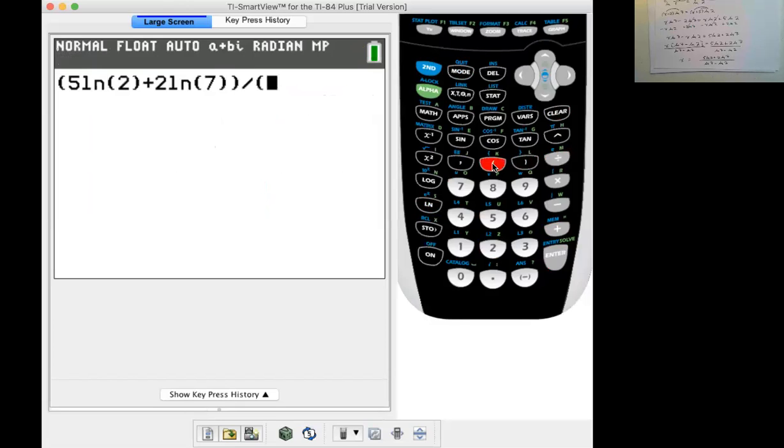Divided by, on the bottom, natural log 7 minus natural log 2. And I get, again, number of left parentheses is 3, number of right parentheses is 3 on the denominator. And I get 5.873 approximately.